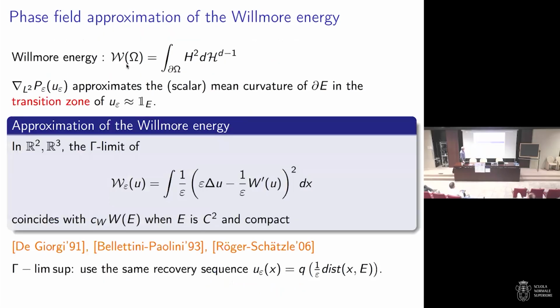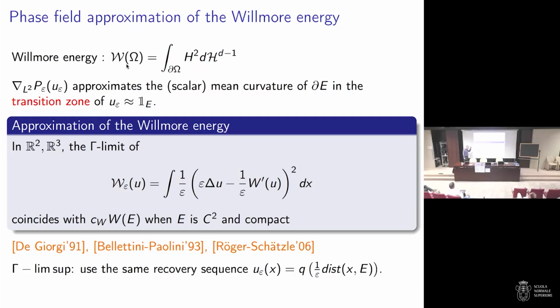Okay. The same thing, I will speak about that very quickly. You can do the same for the phase field approximation of the Willmore energy. You just observe that if you take the L2 gradient of your Cahn-Hilliard energy, then it's quite easy to say that it's a good approximation. Well, quite easy. You can observe that it's a good approximation of the scalar mean curvature of the boundary of your sharp domain in the transition zone, and this motivated this kind of approximation of the Willmore energy.